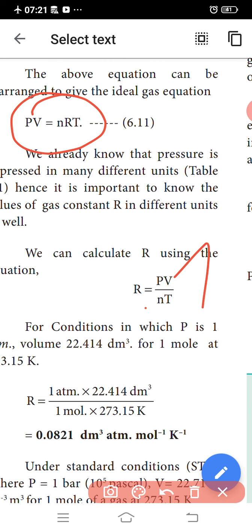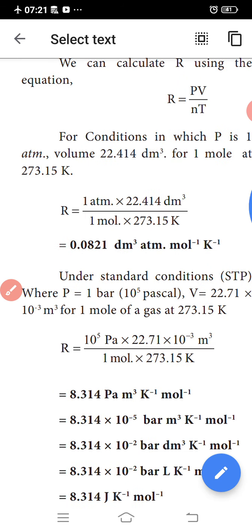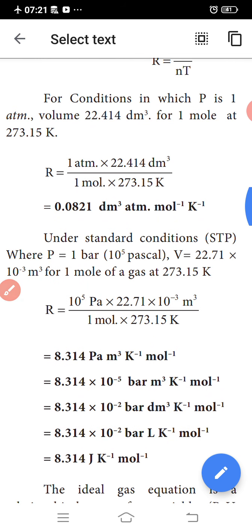For the condition where P is 1 atmosphere and the volume is 22.414 dm cube for 1 mole at 273.15 Kelvin, R is equal to 1 atmosphere into 22.414 dm cube divided by 1 mole into 273.15 Kelvin. Then multiply the answer.